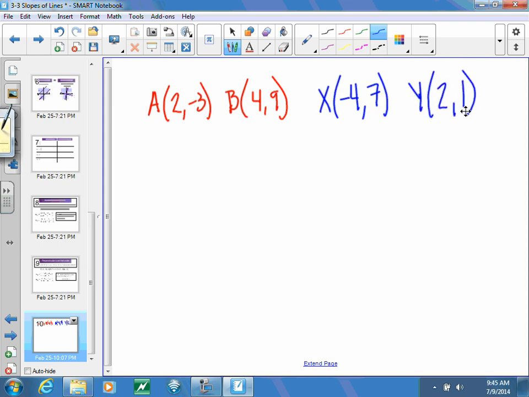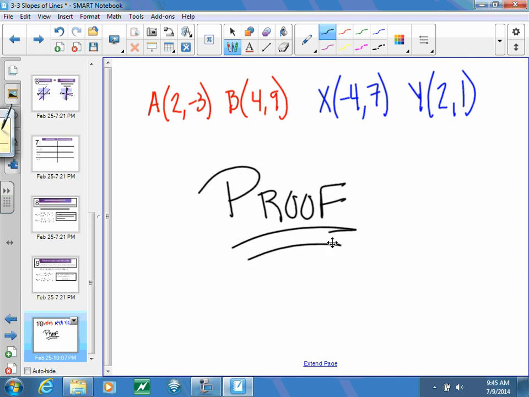So coming with you to class tomorrow is a proof. You're going to prove to me that these two lines are either parallel, perpendicular, or neither. Not just writing down the word, I want to see the work with it along with the explanation.